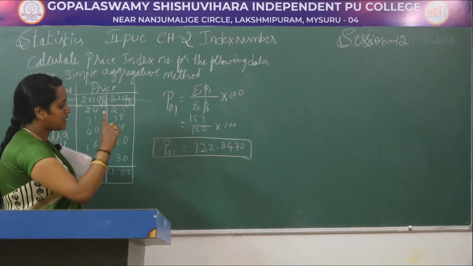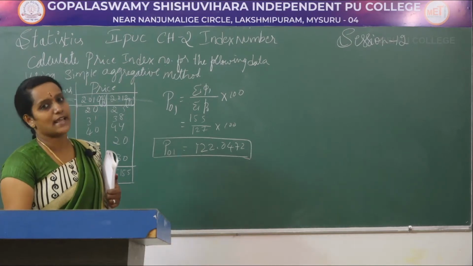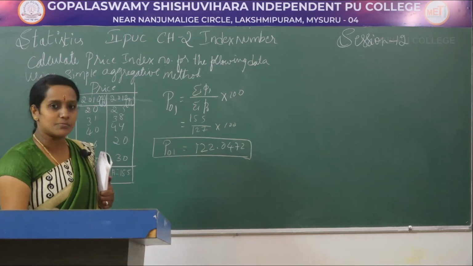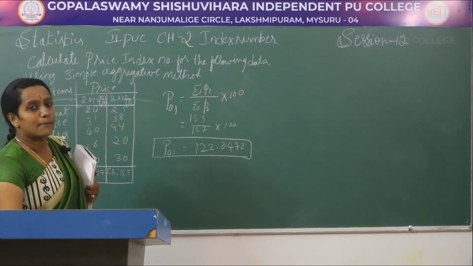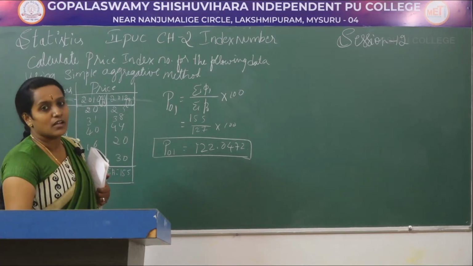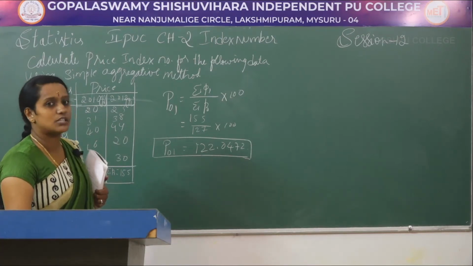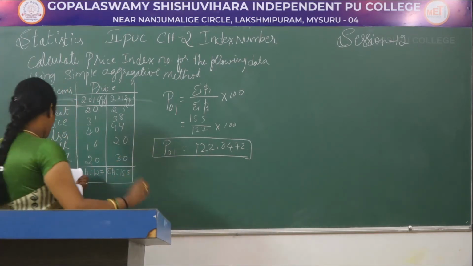We compare with 100 because for every 100 we are calculating the index number, that is a percentage. So 122 we got as the answer, and compared to 100, it is 22% more price. The price is increased by 22% as compared to 2010. That we have to write.